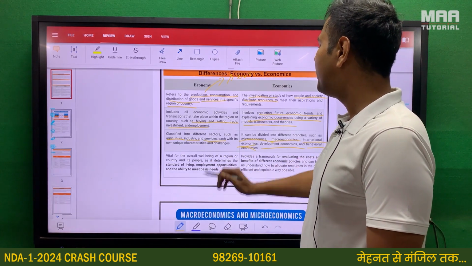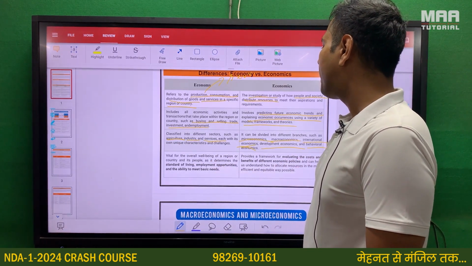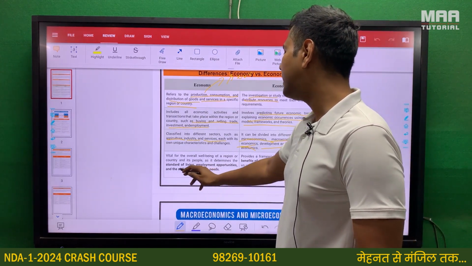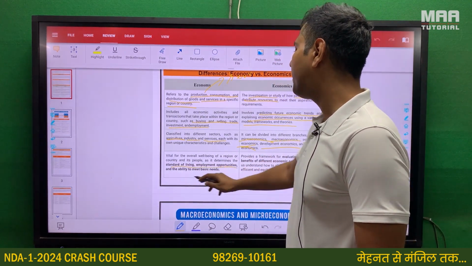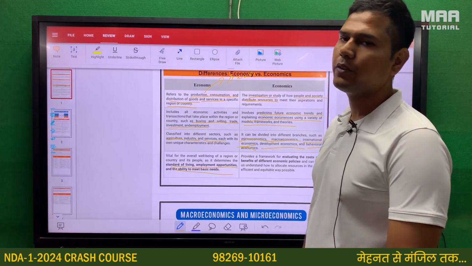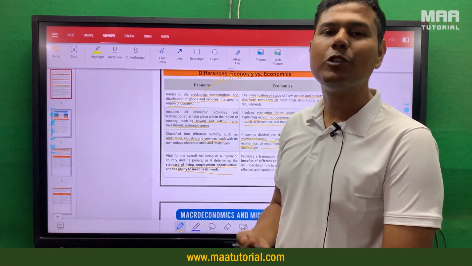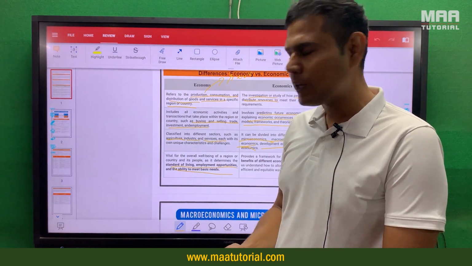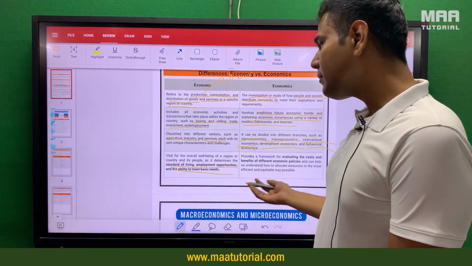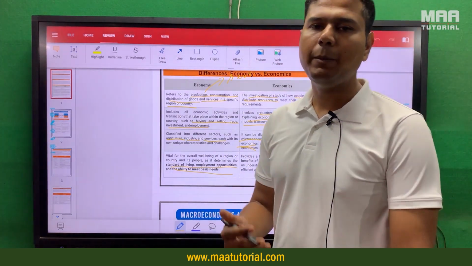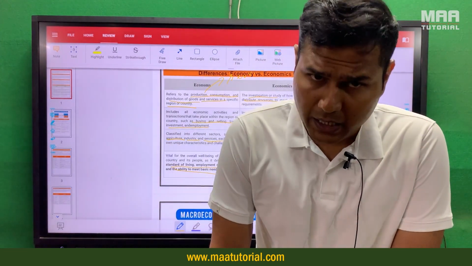Let's move ahead further. We see that the vital role of the well-being of a region of people determines the standard of living, employment opportunity, ability to meet the basic needs. See, when there is a good economy in a country, you'll see the living standards improving. You'll see that employment opportunity would be getting better each day, and the people would be able to meet the requirements.